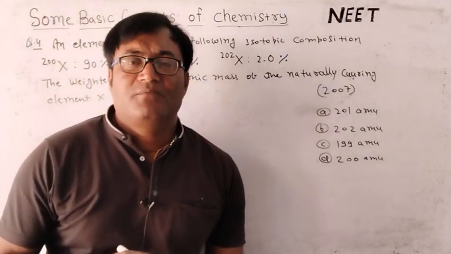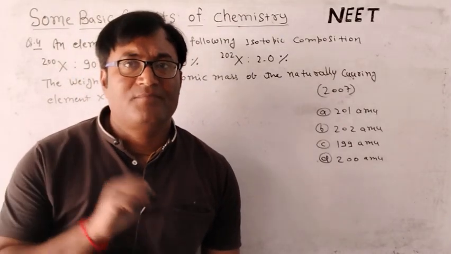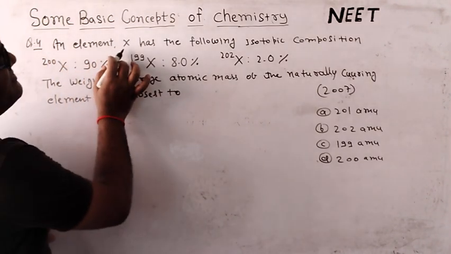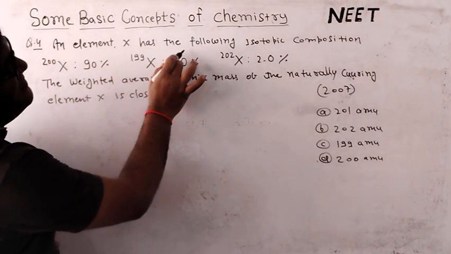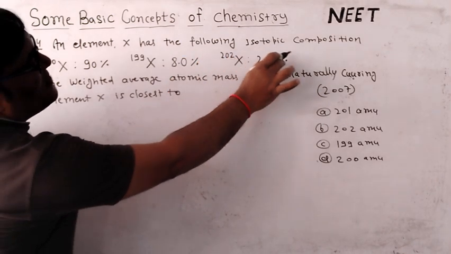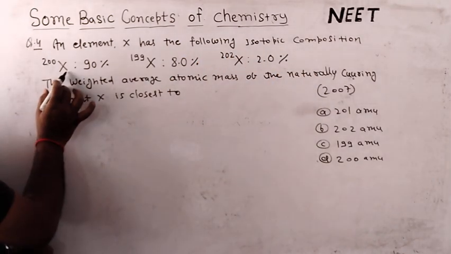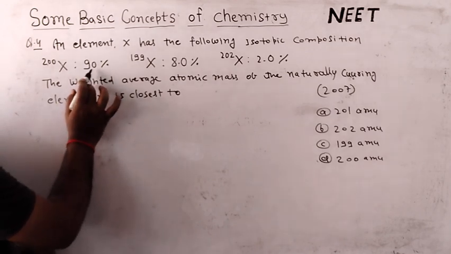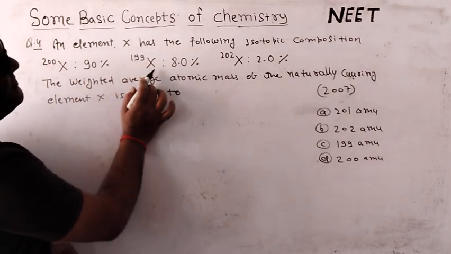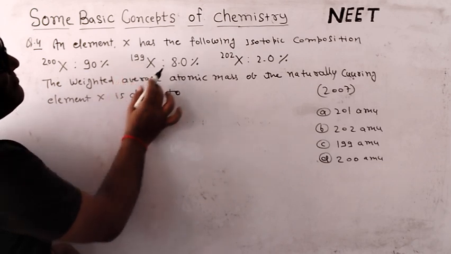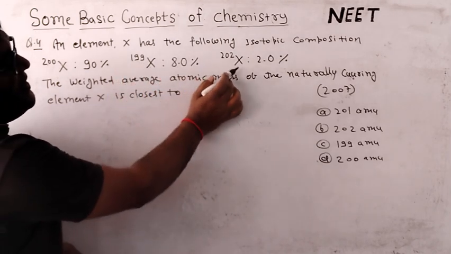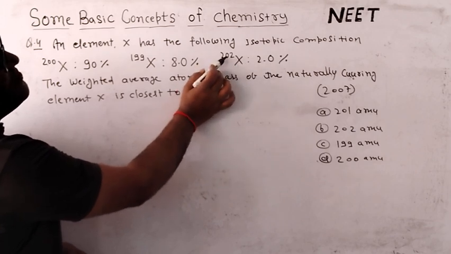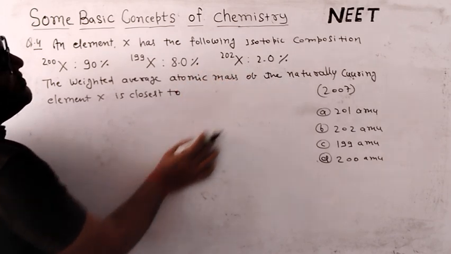Now, question number 4 is completely based on calculation of average atomic mass. Question number 4 is, an element X has the following isotopic composition. X atomic mass 200 and percentage 90%. X atomic mass 199, percentage 8.0, and X atomic mass 202 and percentage 2.0.